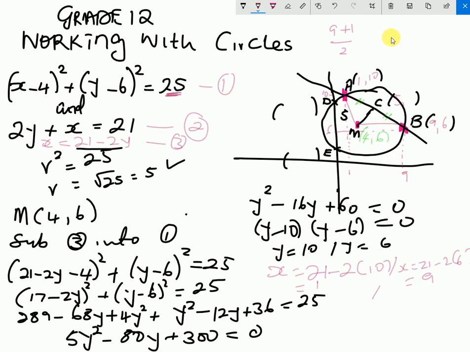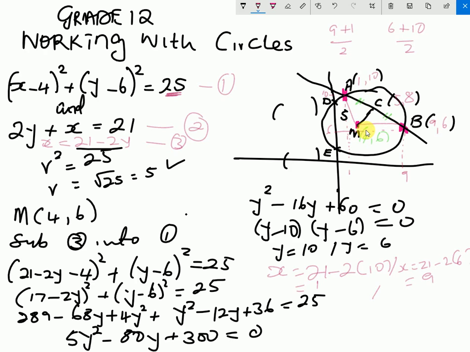And the other one is 6 plus 10 is 16, divided by 2 is 8. So we have this one here.